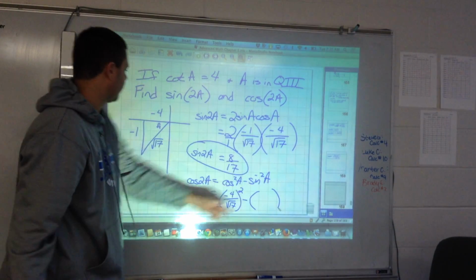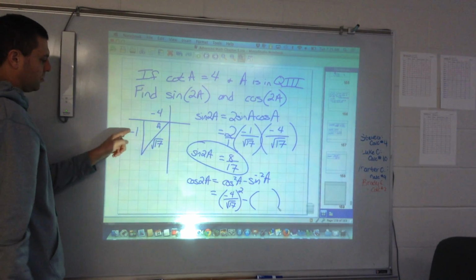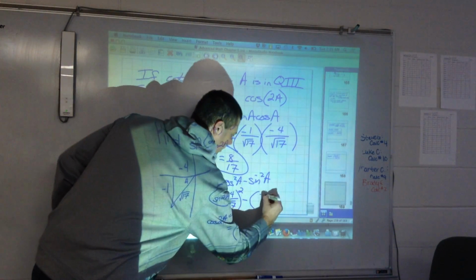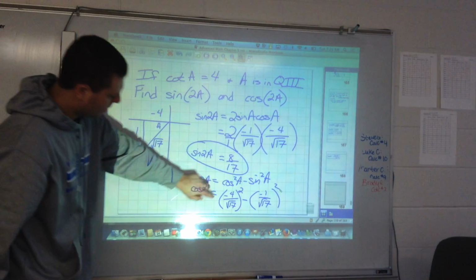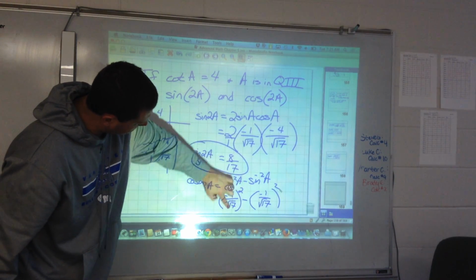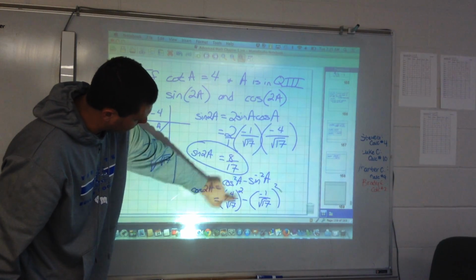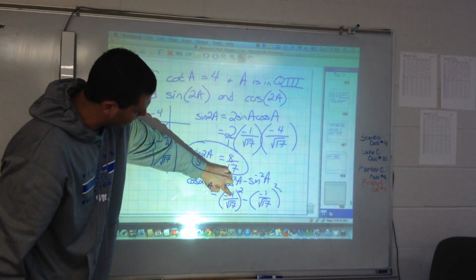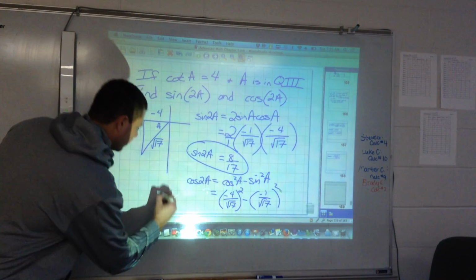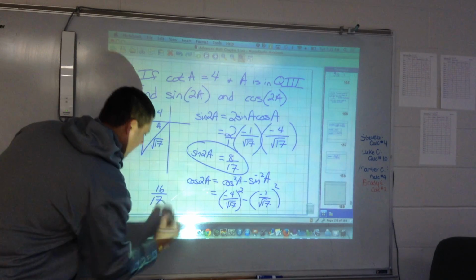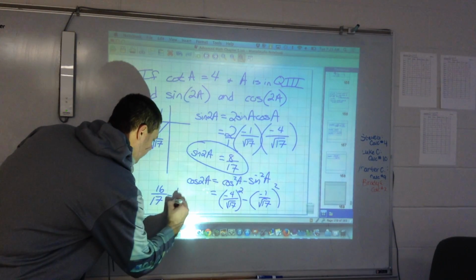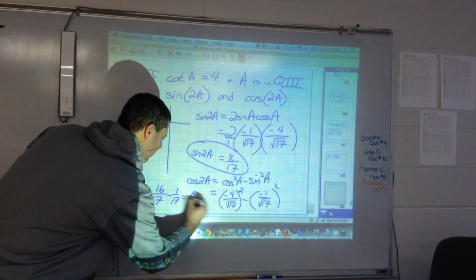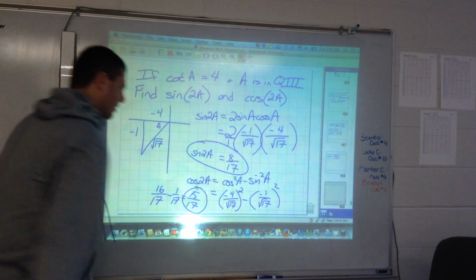And the sine squared of angle A, sine is opposite over hypotenuse, so negative 1 over root 17, but again I got to square it. So this squared, that'd be 16, that'd be 17, because the square root of something squared is itself. Negative 4 times itself is 16, so I got 16/17 right here. This would be 1/17, so minus 1/17, answer 15/17.